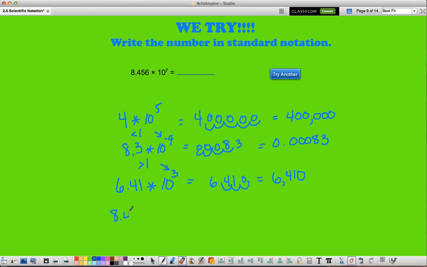Here I have 8 456 thousandths times 10 to the 7th. I know that this means my answer should be greater than 1, and I have to move my decimal 7 times to the right. So 1, 2, 3, 4, 5, 6, 7.